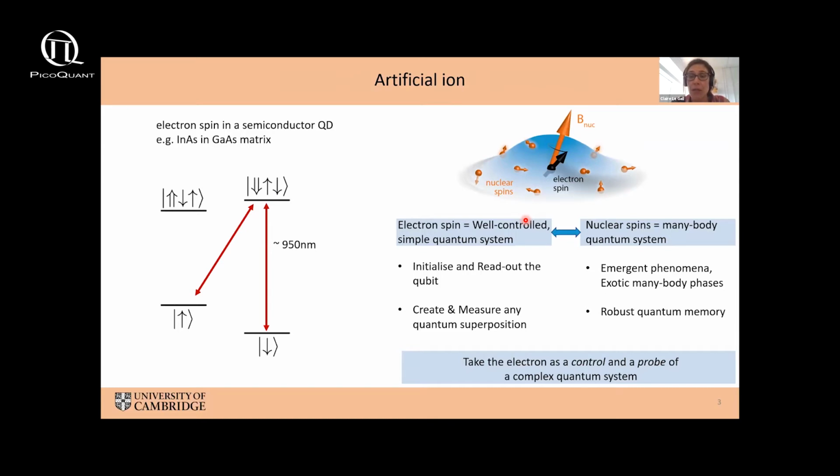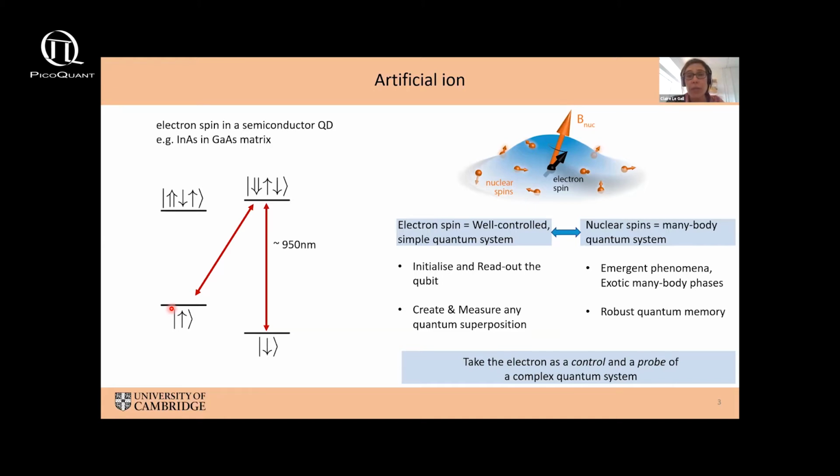It's an ion because we've loaded an electron, a charge in it, which has 2 spin states up and down. And these ground states of the quantum dot, of course, couple to optically excited states that you can address resonantly with lasers. And this electron spin is a well-controlled, simple quantum system.